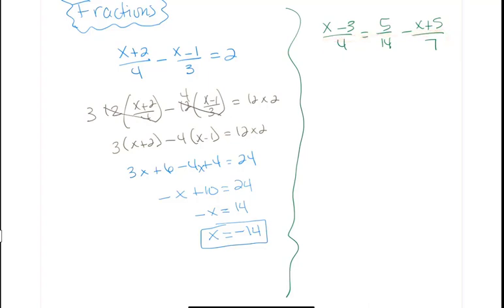Between 4, 14, and 7, what's my common denominator going to be? 28? Yeah. So then you multiply each piece of these by 28, and then simplify it and keep going from there.